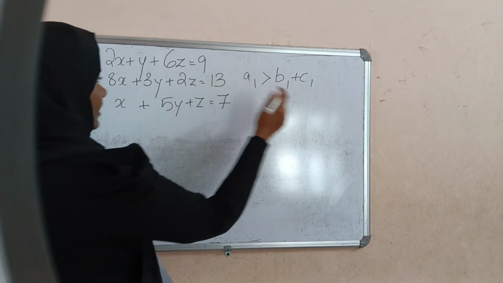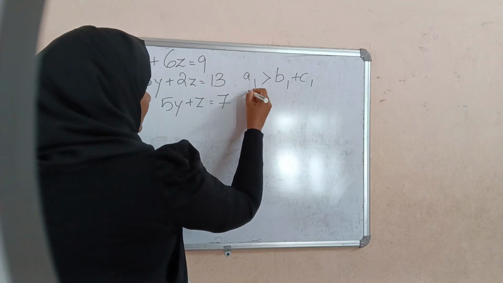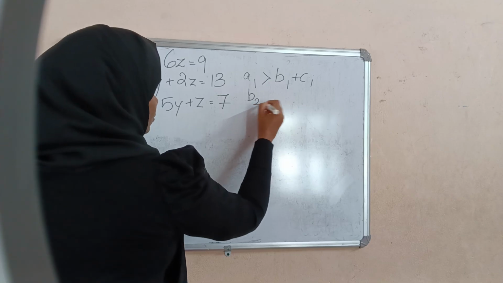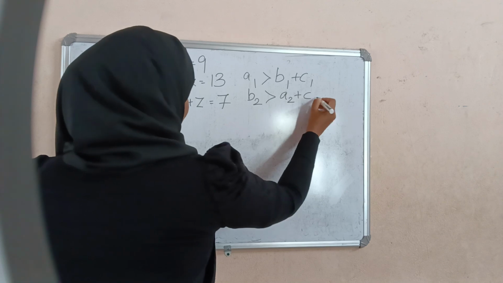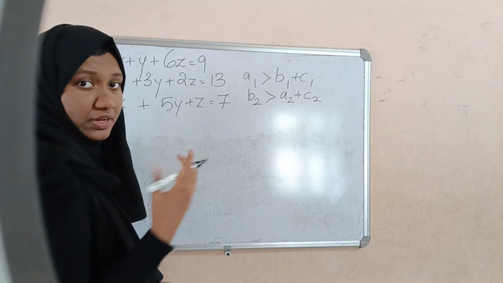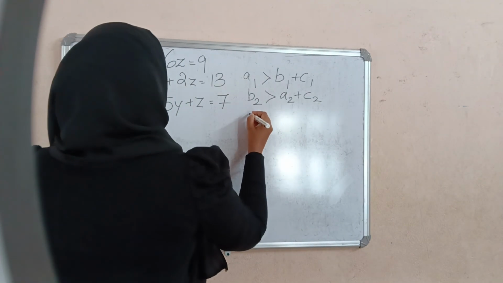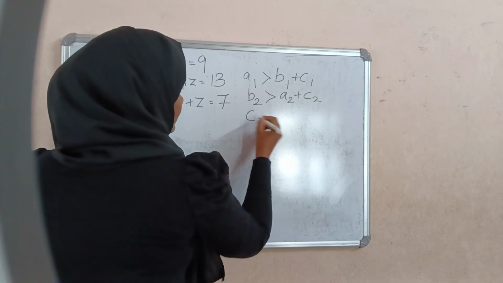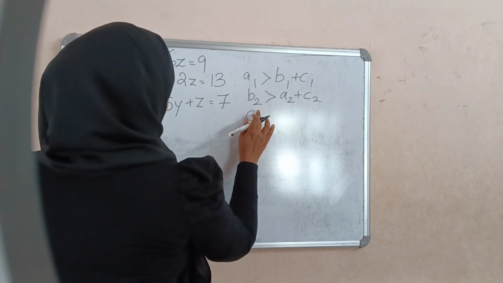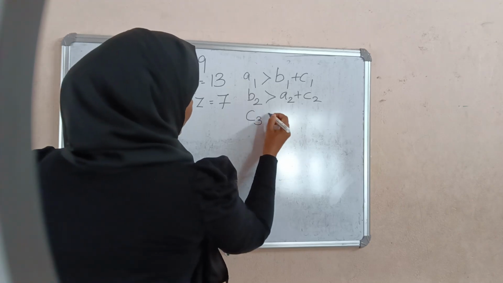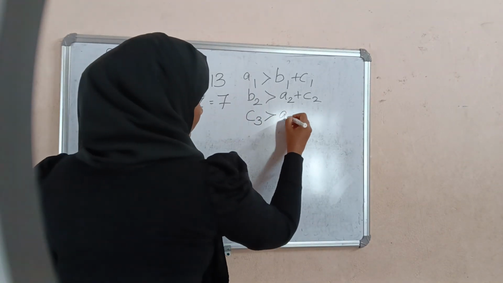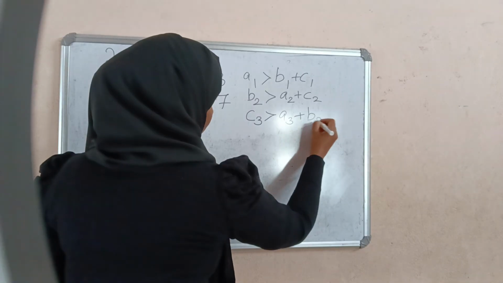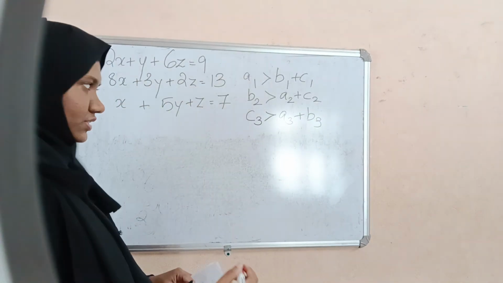Over here, B2 should be greater than A2 plus C2. I hope you are getting it. Then C3 should be greater than A3 plus B3. This is how it goes.